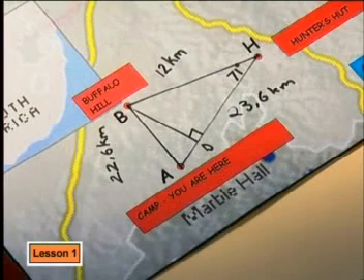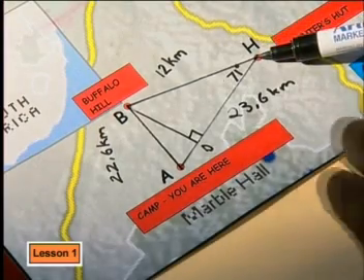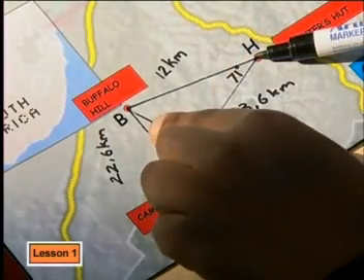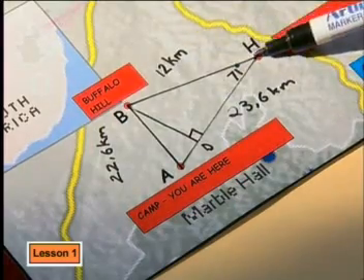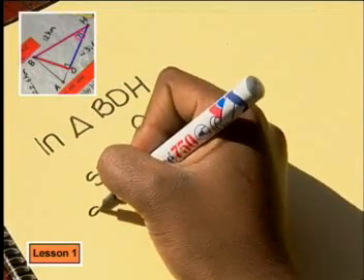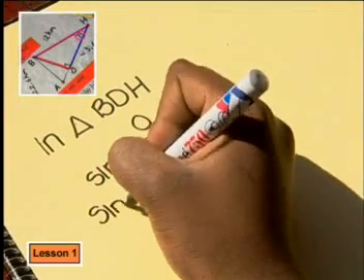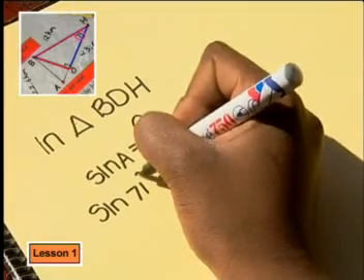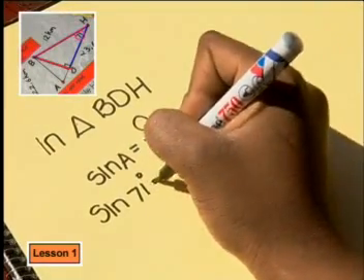Brilliant! So in triangle BDH, we can use angle H. I put my finger on H, so BD is the opposite side and BH is the hypotenuse. The trig ratio for opposite divided by hypotenuse is sine. So sine 71 is BD divided by 12.